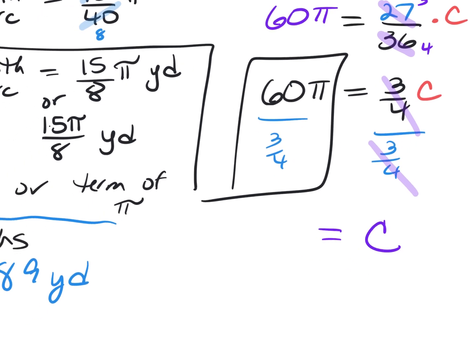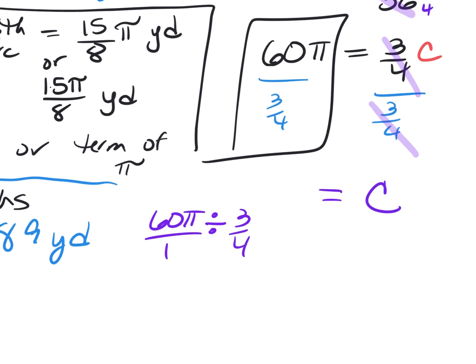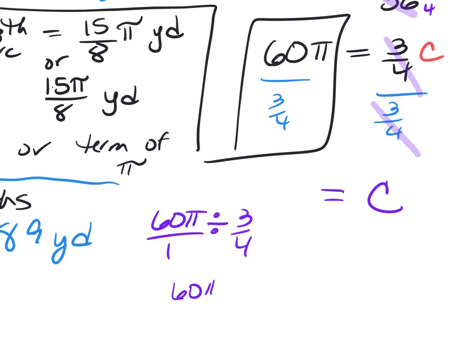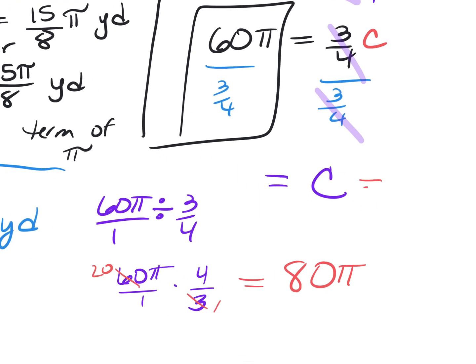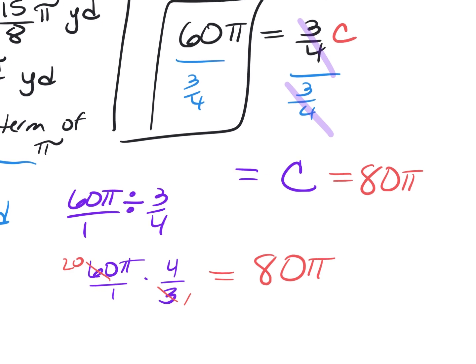And then here I need to do 60 pi over 1 divided by 3/4. Keep, change, flip. This will simplify, and then this one becomes 80 pi. So the circumference is 80 pi, and these were meters.